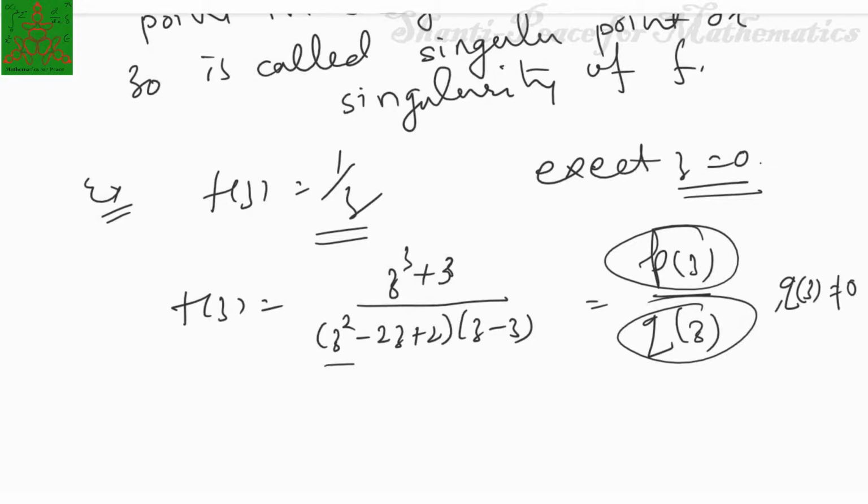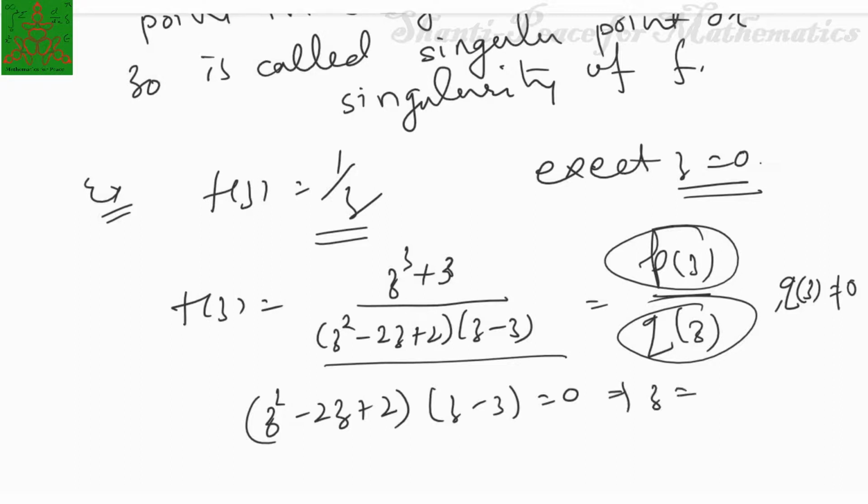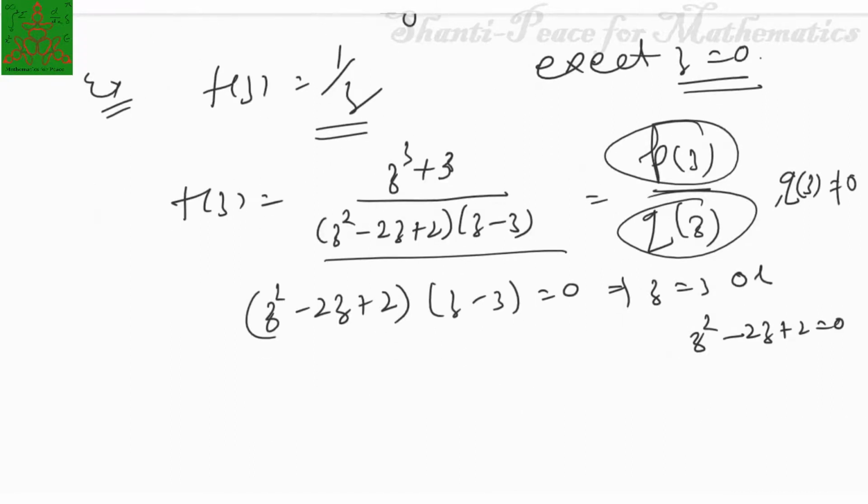So where q of z is 0, that is z minus 3 equal to 0, which implies z is 3, or z square minus 2z plus 2 equal to 0, which gives z equal to 1 plus or minus i, by the quadratic formula minus b plus or minus square root of b square minus 4ac upon 2a.